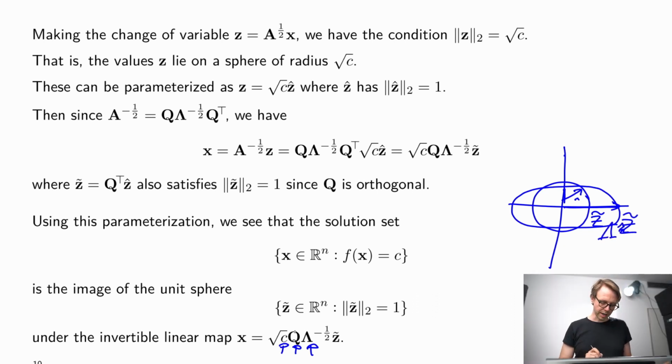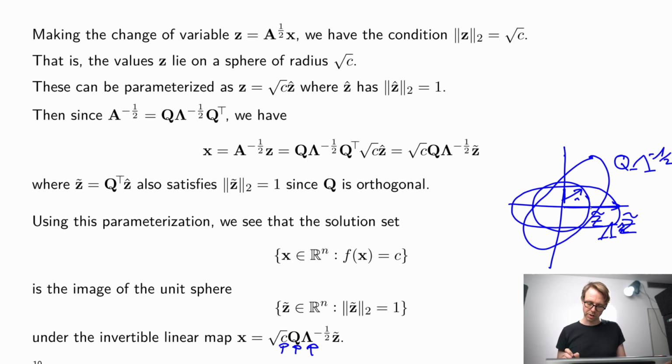So this is times lambda minus 1/2. And if we now multiply this by q, we are rotating it. So then it becomes non-axis aligned. So this would be q times lambda minus 1/2 times z tilde. We're still having corresponding to z's that have unit norm. So far we have squeezed our coordinate axes, then rotated, because Q is an orthogonal matrix.